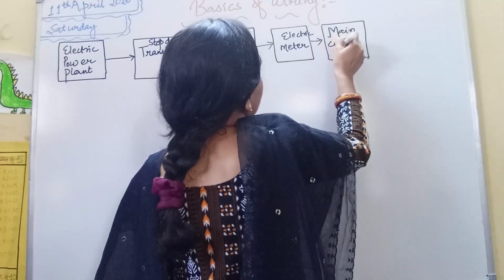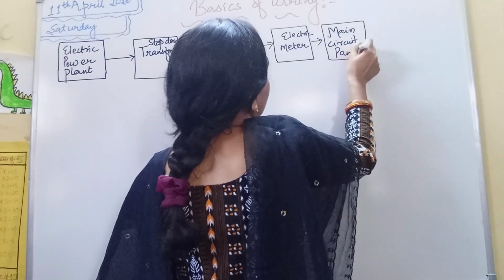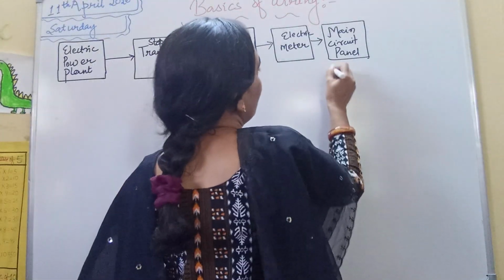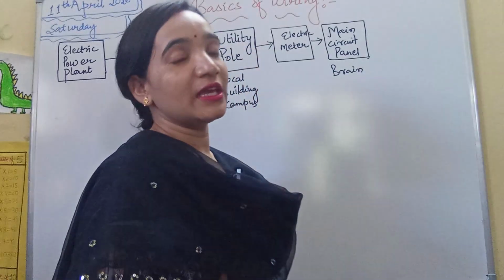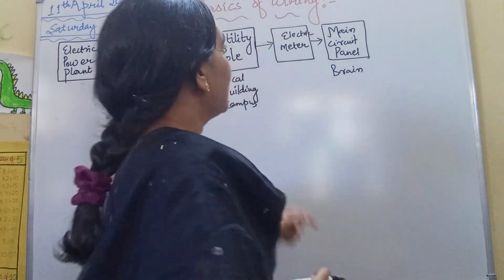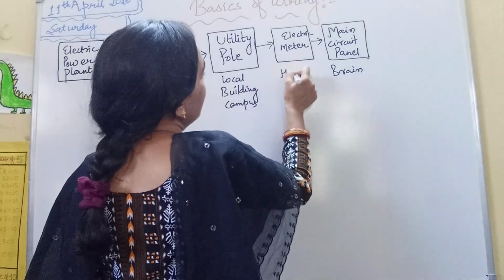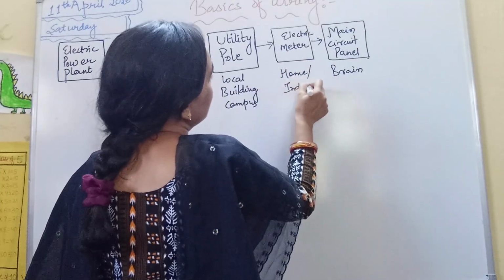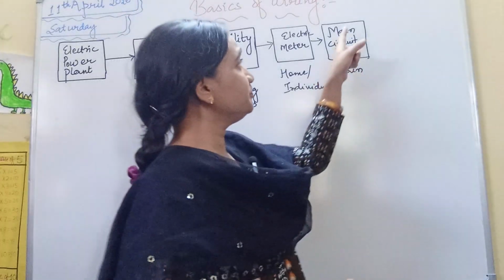The main circuit panel is also called the brain of the electric circuit. Here the electric meter is for an individual home or individual use.